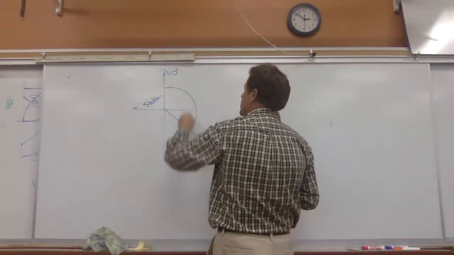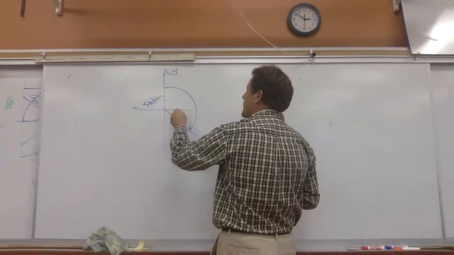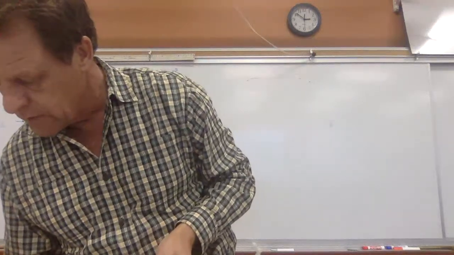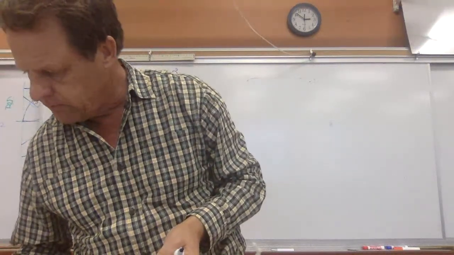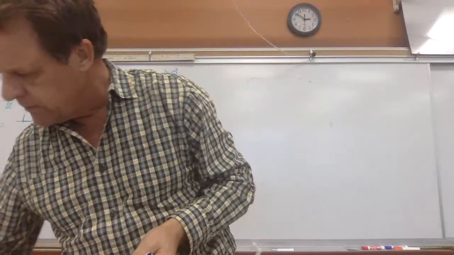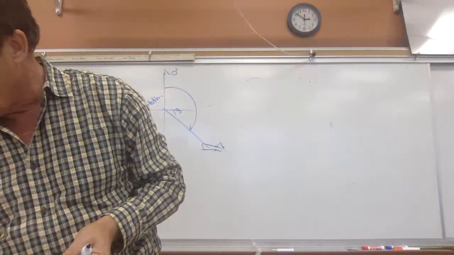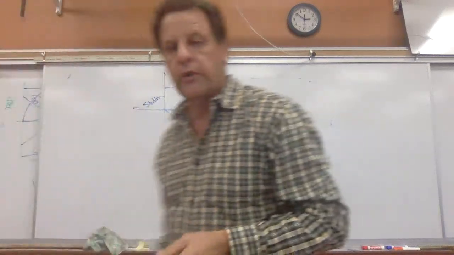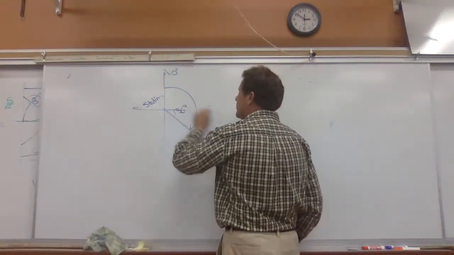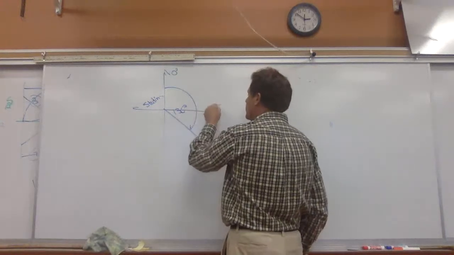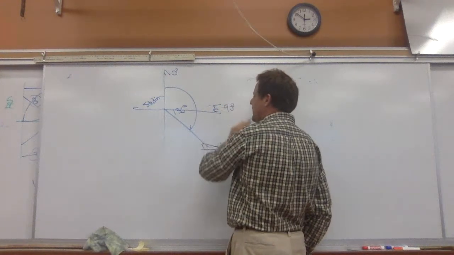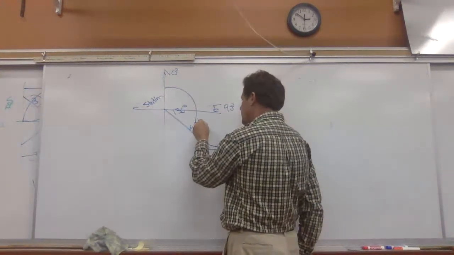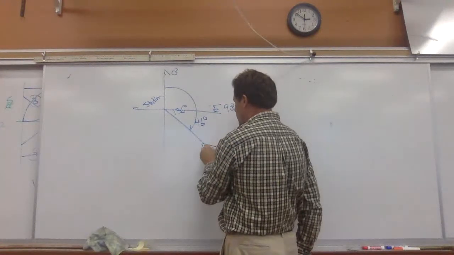So what we're going to do here is go 136, sorry about that. 136 degrees, okay? Well, here is east, and you know that that's 90 degrees. So what you basically have here is a reference angle that is equal to 46 degrees, okay?